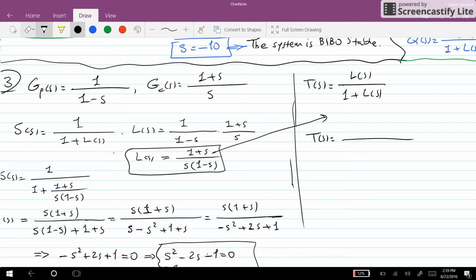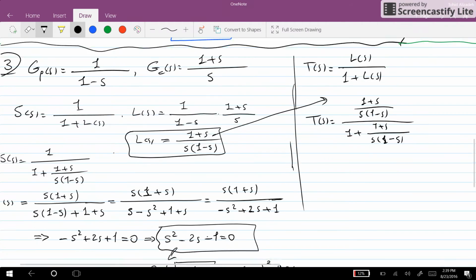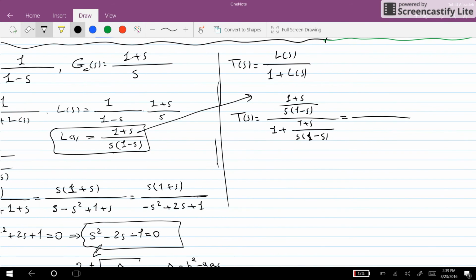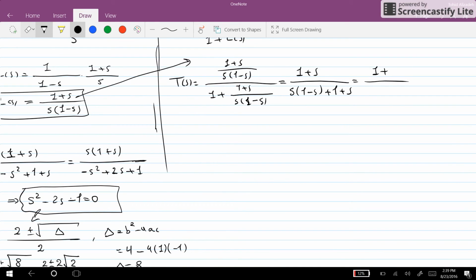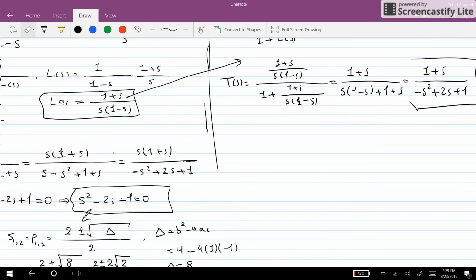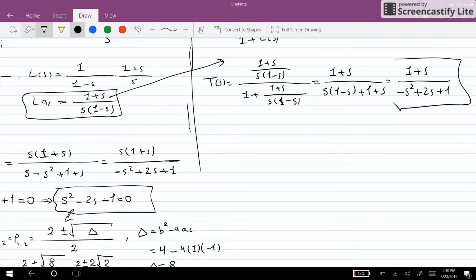So T will be provided for us as 1 plus S over S times 1 minus S, over 1 plus (1 plus S) over S times 1 minus S. And if we simplify it, we will get 1 plus S over S times 1 minus S plus 1 plus S. And if we simplify it further, we will get 1 plus S over minus S squared plus 2S plus 1, which will provide us the same roots for the denominator, or the same closed loop poles.